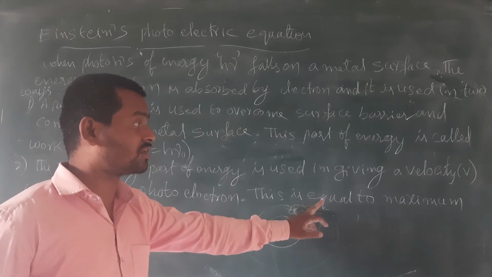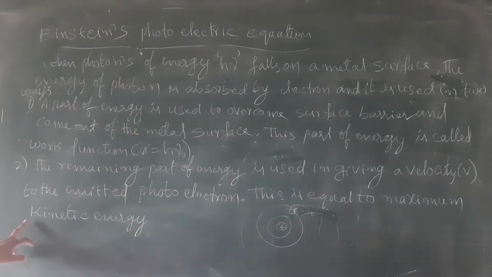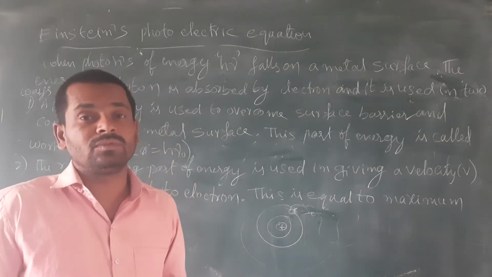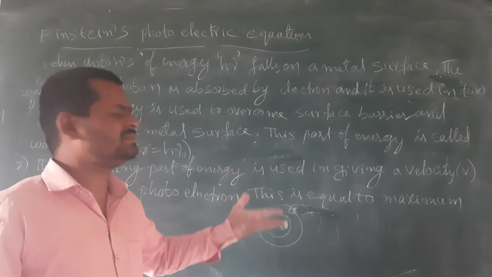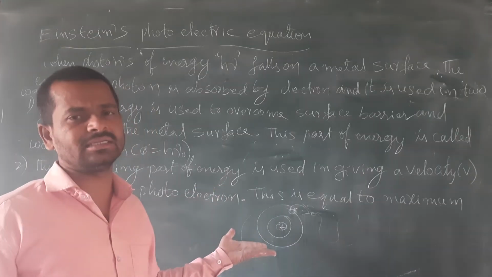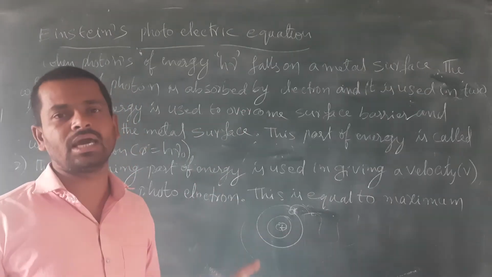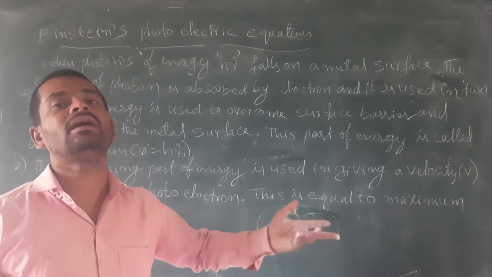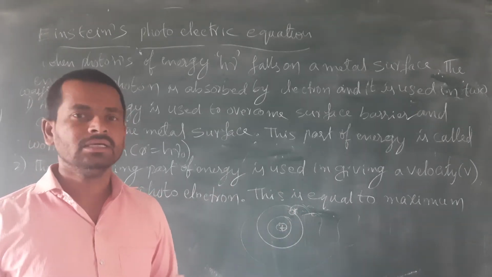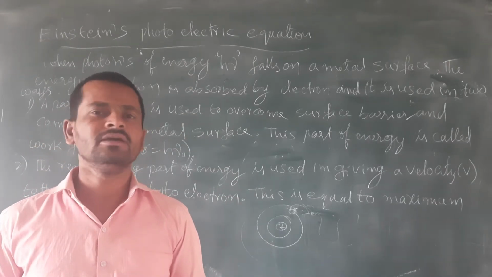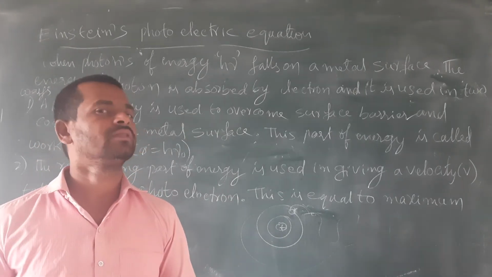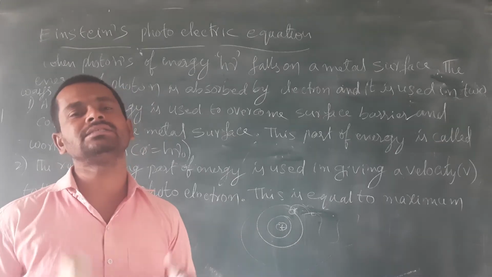This is generally equal to the kinetic energy. So that is the maximum kinetic energy. No more electrons can receive the energy, so it cannot gain more velocity. It can't gain. So that is the maximum energy. Kinetic energy depends on velocity. If the velocity is maximum, then automatically kinetic energy is also maximum.